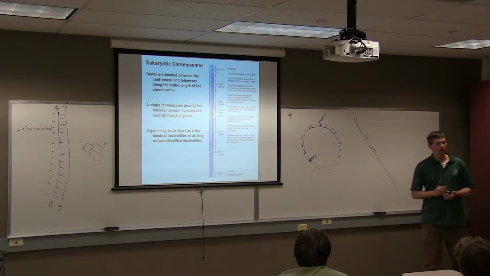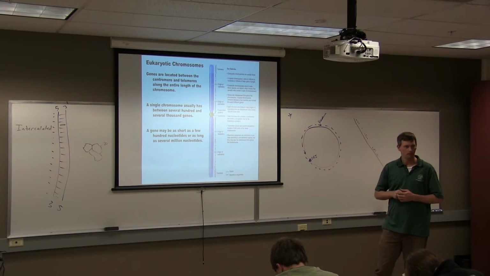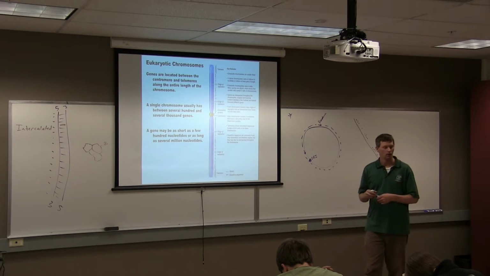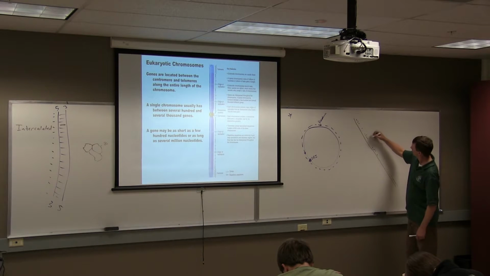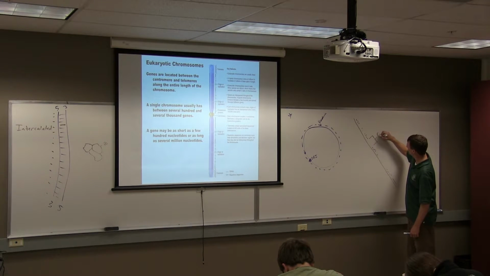Genes are not evenly distributed on a human chromosome. We have what we call gene deserts. And we have a gene oasis.